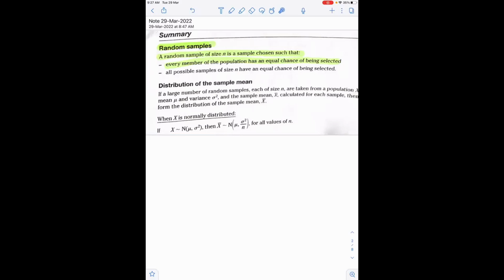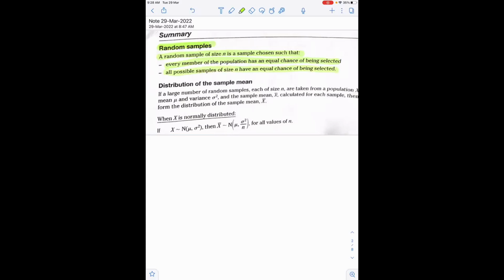For instance, if you have an overall population of 50,000 people and you are selecting 10 samples of 100 each, then every sample should also have an equal chance of being selected. Is this point clear? Yes.